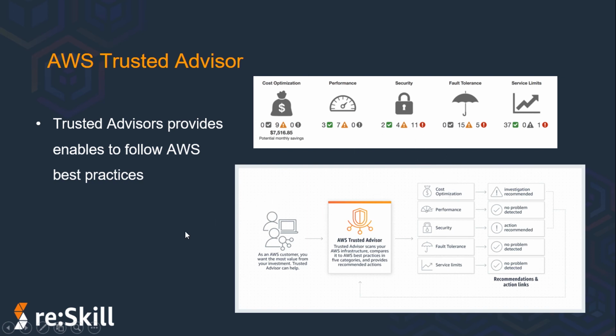It gives you various checks in different categories. You can see the cost optimization category, the performance, security, fault tolerance, and service limits category. So in all these categories it will give you these kinds of checks, like investigation recommended, no problem detected, the green one, action recommended, this one, and then no problem detected again.